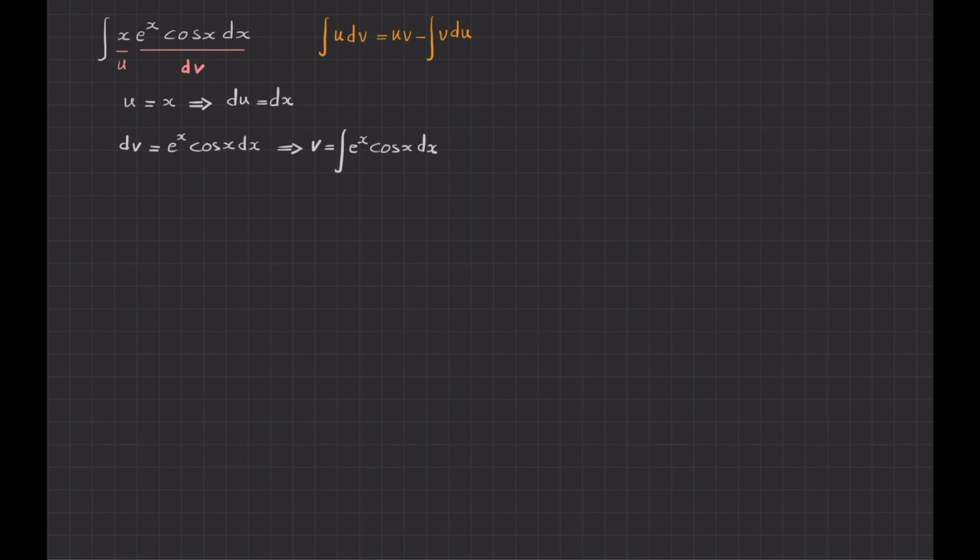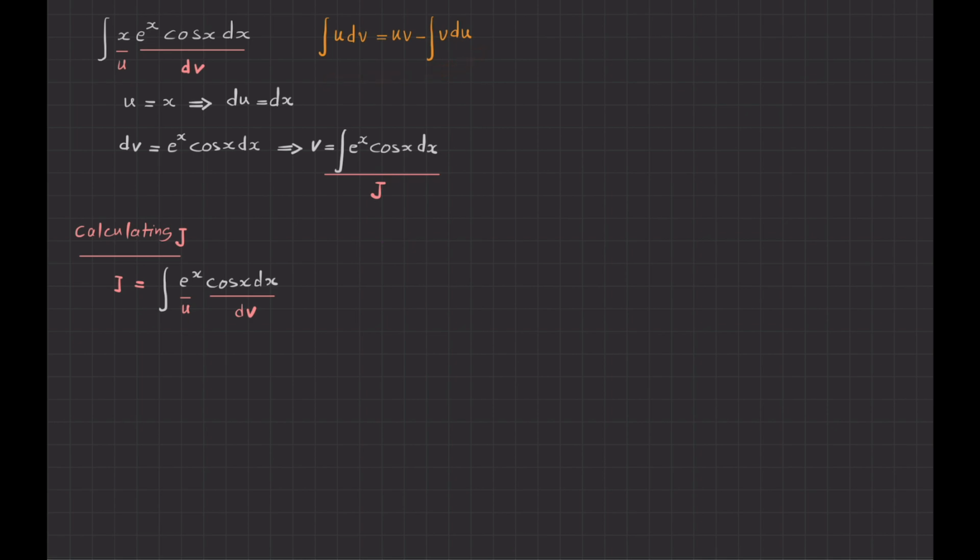So let us give it a name. I give it the name J, and now I want to calculate J. Again, the trick that I want to use is integration by parts. So let me rewrite my J here. Now I want to give the role of u to e to the x, and give the role of dv to cosine x dx. Still I want to use the same rule.